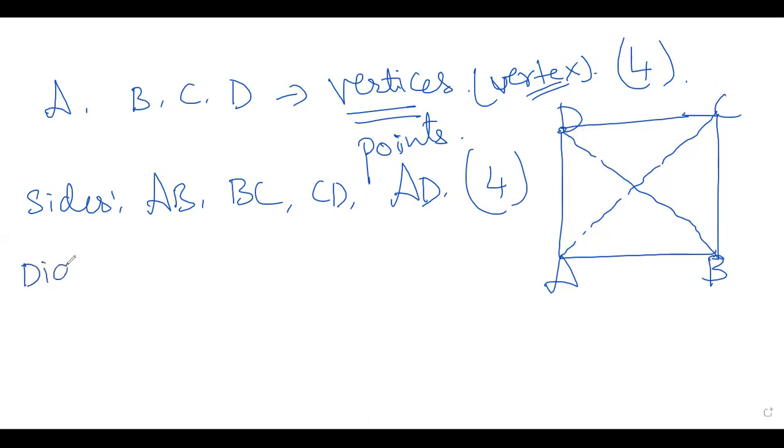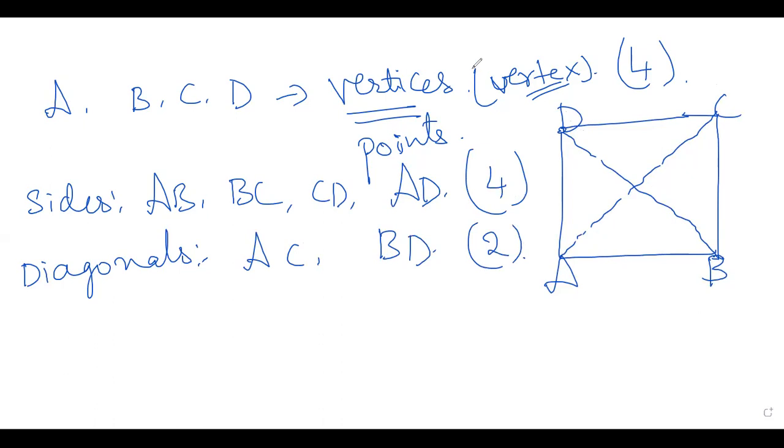These are called diagonals. Joining of 2 opposite points. We are joining A and C, and B and D. AC and BD are the 2 diagonals. These are the elements of a quadrilateral, children.